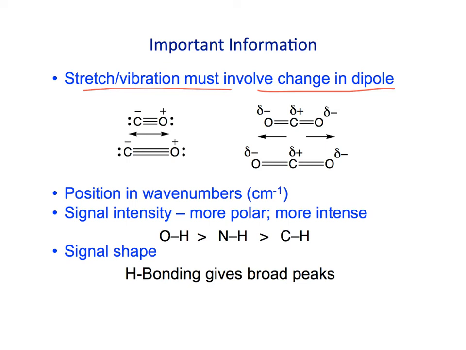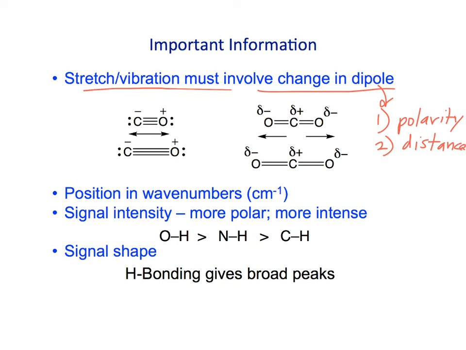So let me say first, a dipole depends on 2 things. It depends on a difference in charge or polarity. It also depends upon the distance between those 2 charges. Okay?